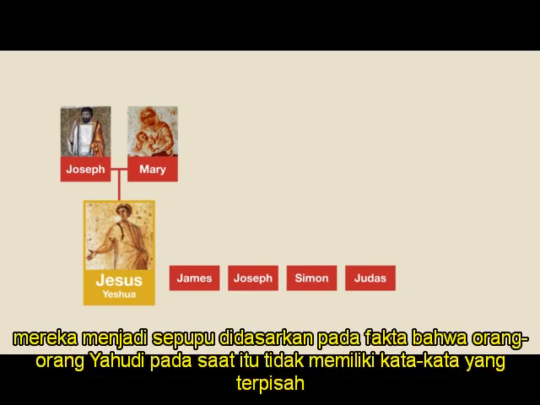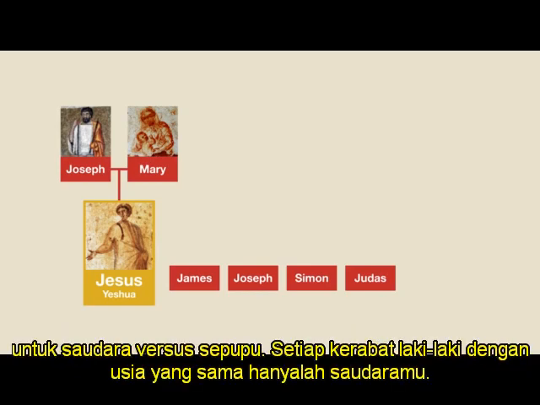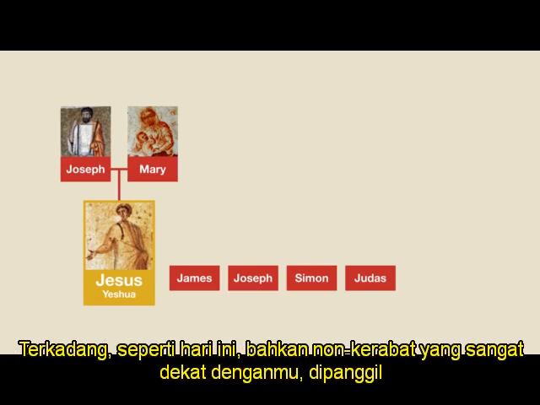The argument for them being cousins is based on the fact that Jews at the time did not have separate words for brother versus cousin. Any male relative of a similar age was simply your brother. Sometimes, like today, even a non-relative with whom you are really close is called your brother.